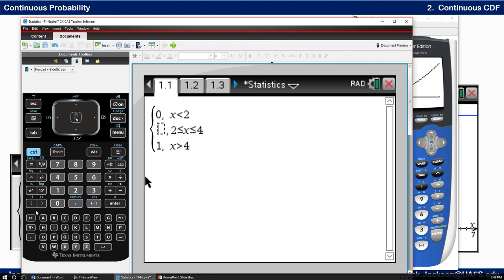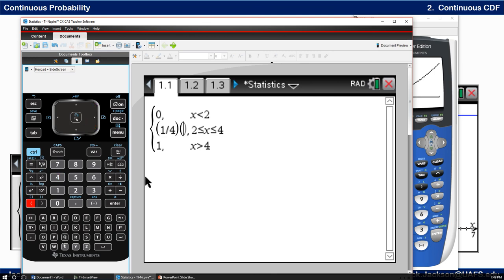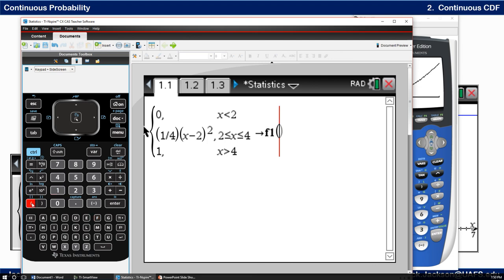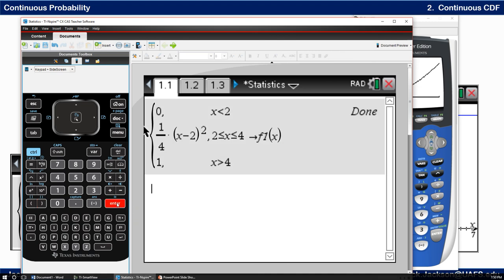And in fact, what if I want to graph that? I could put that in a graph by saying store, control variables, and then store it in F1 or F2. I could say F1 of x, for example, and it'll just say done.